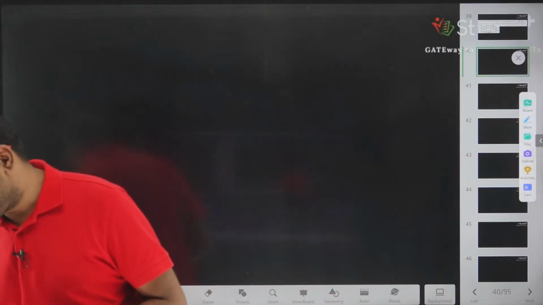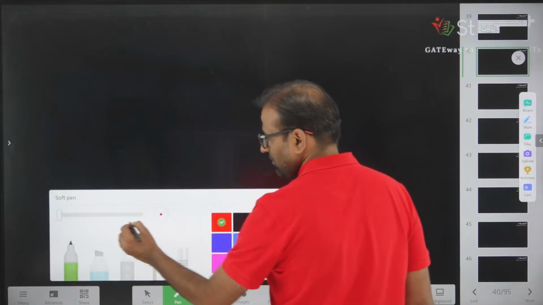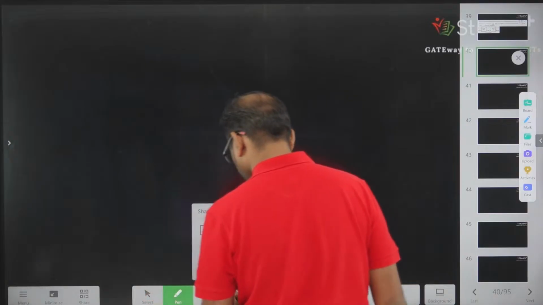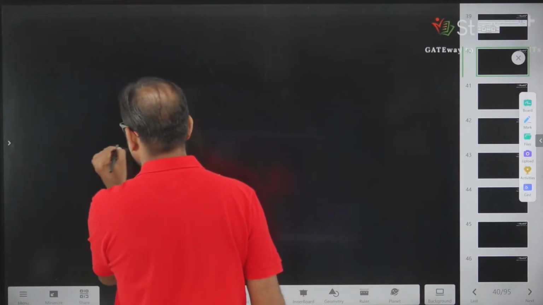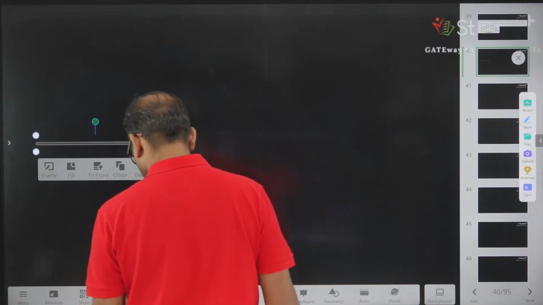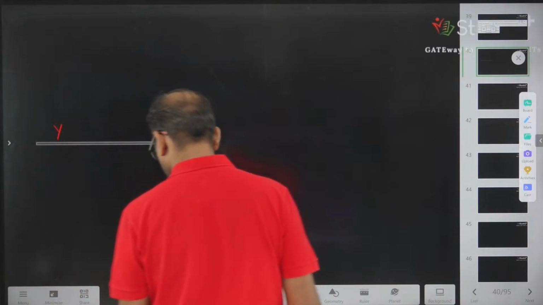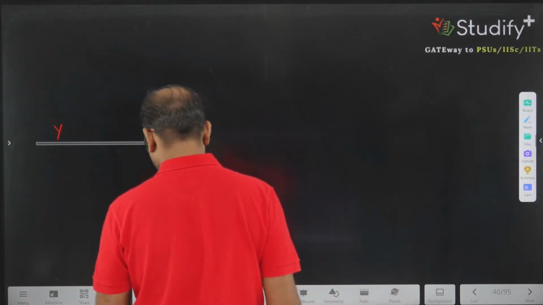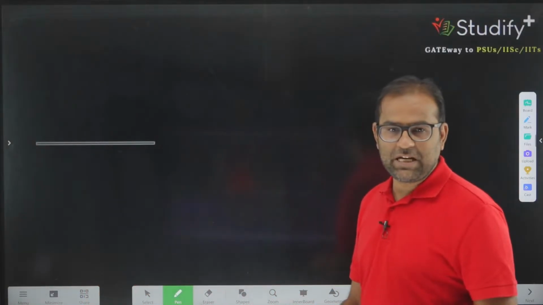So yesterday we have talked about Y parameter. So let's start. Y parameters, or these parameters are also known as admittance parameters.